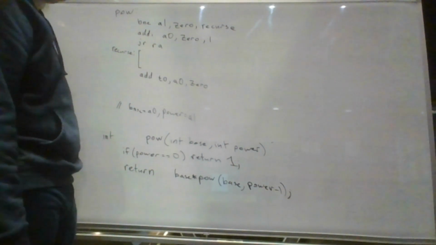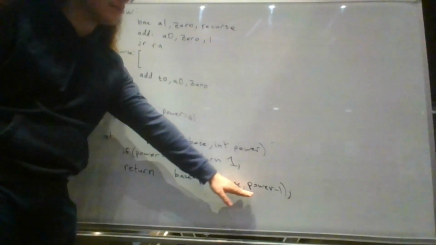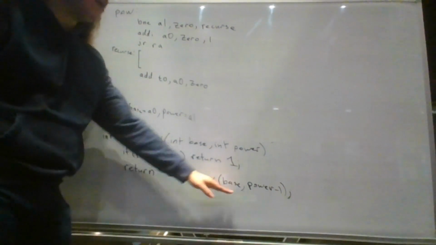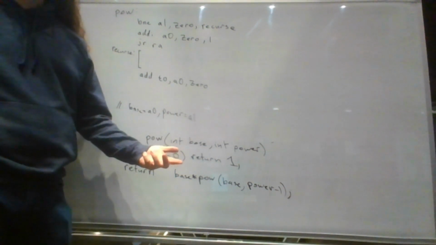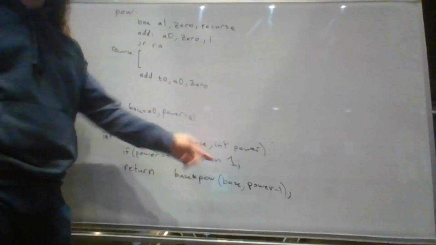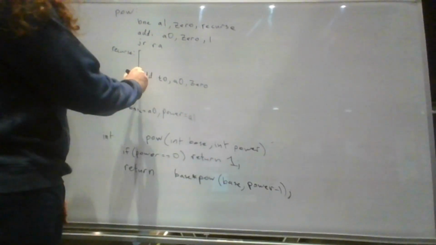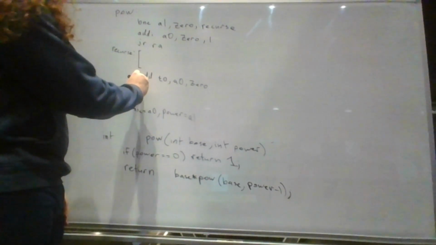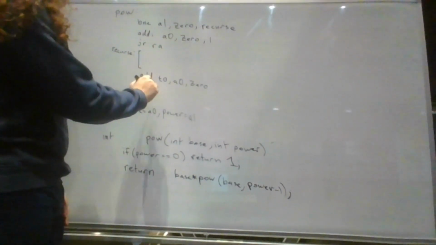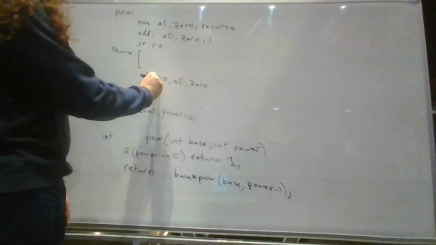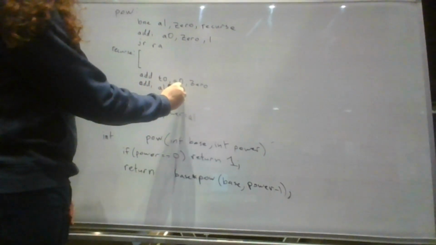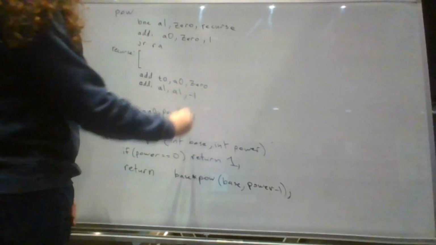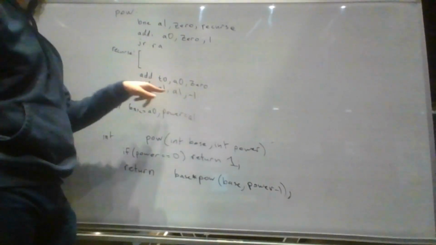Right before I call it, though, I need to make sure that my parameters are initialized properly. Base needs to be the same value as base, which is A0, so that's fine. But power needs to be decremented. So I'll do add immediate, take power, which was A1, subtract 1, and store it back into A1.